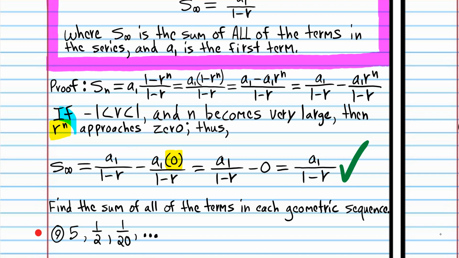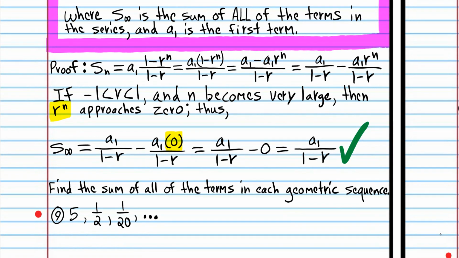So we can just say that r to the n is going to be 0. That's the idea of a limit. Technically, this expression never equals 0, but we know the limit is 0 as n approaches infinity, as n gets really big. So we can just say that the limit is 0.